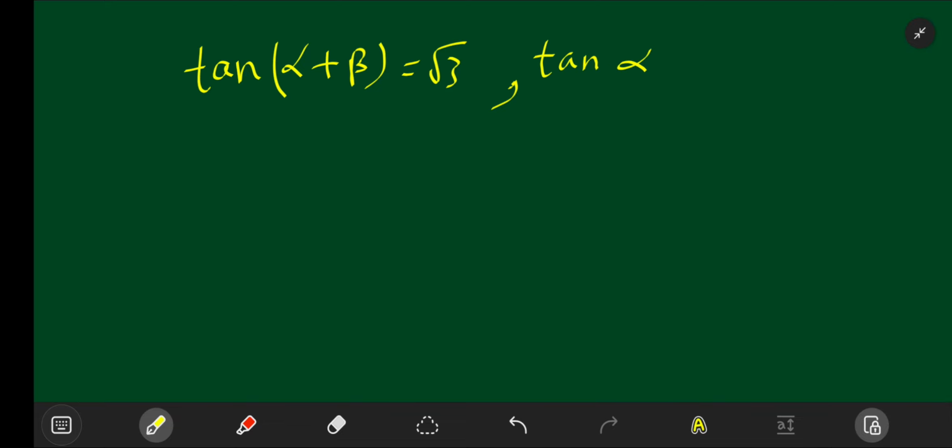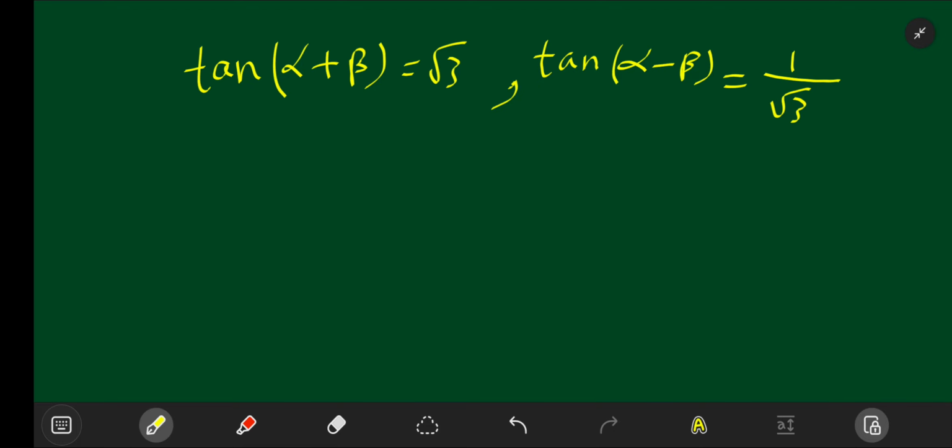The problem is tan alpha plus beta is equal to root 3 and tan alpha minus beta is equal to 1 by root 3. By seeing this only, we have to get the idea of what is the value of alpha plus beta and alpha minus beta.